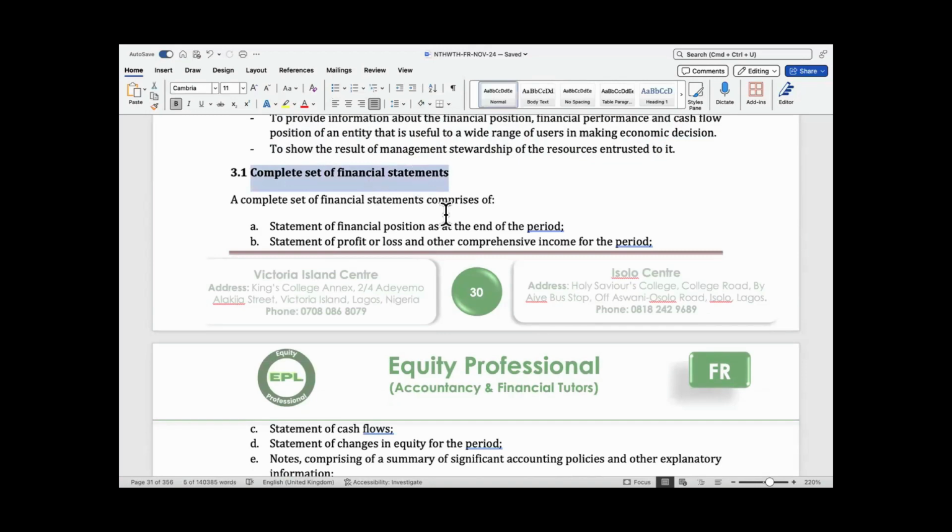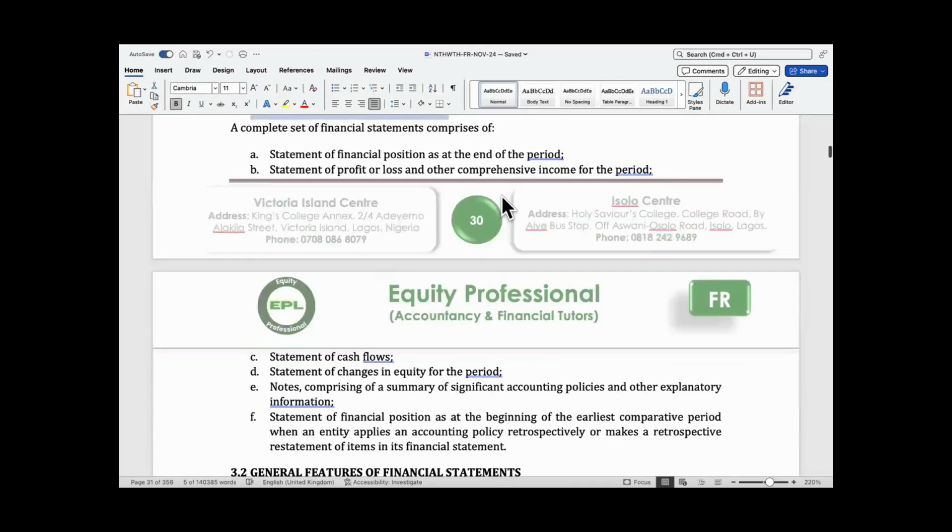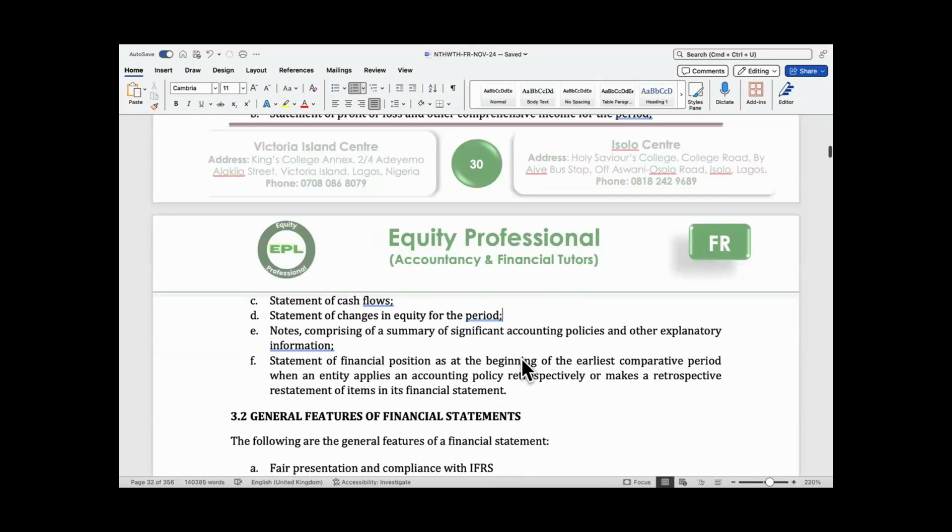A complete set of financial statements comprises the statement of financial position, the statement of profit or loss and other comprehensive income for the period, the statement of cash flows, the statement of changes in equity for the period, notes comprising a summary of significant accounting policies and other explanatory notes, and a statement of financial position as at the beginning of the earliest comparative period, when an entity applies an accounting policy retrospectively or makes a retrospective restatement of items in its financial statements.